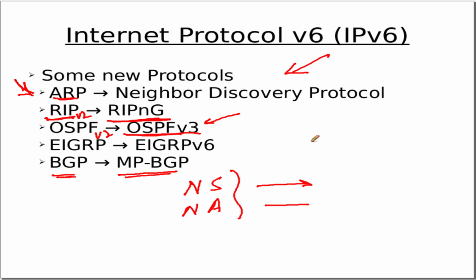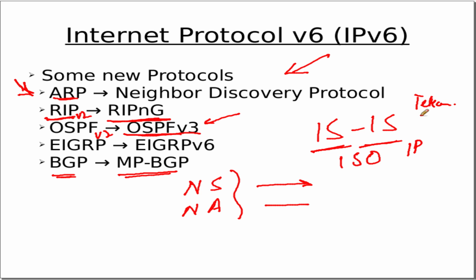There is one protocol, if you remember I told you about it, IS-IS, Intermediate System to Intermediate System. Since it was developed by ISO, not for IP networks but for telecom networks, telecom addressing schemes were incorporated in this protocol.